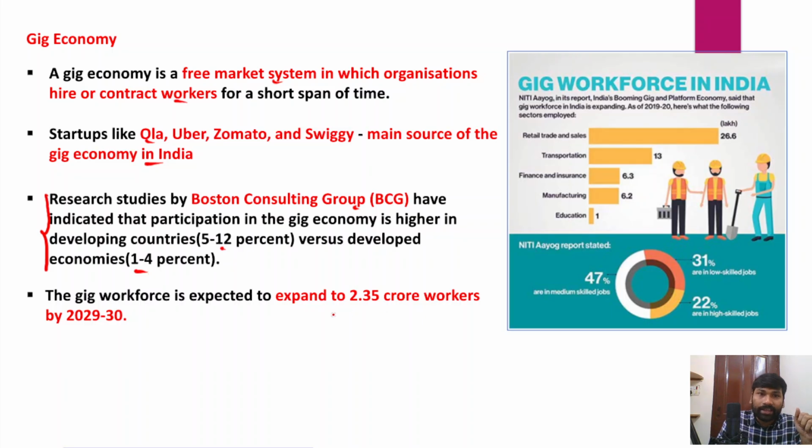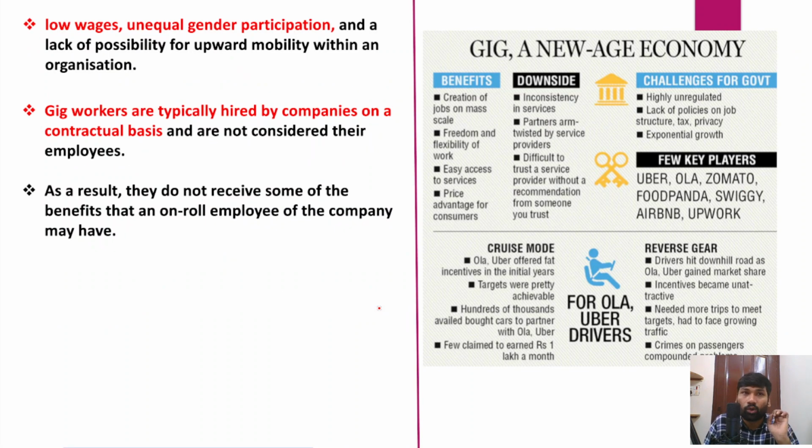And in fact, the gig workforce is also expected to expand to 2.35 crore workers by 2029-30. So this is what has been predicted with respect to the gig workforce or gig economy. Now we have already discussed the problems that gig workers have been facing.